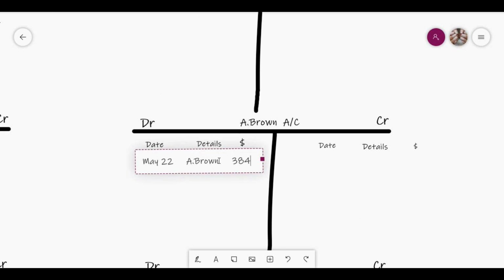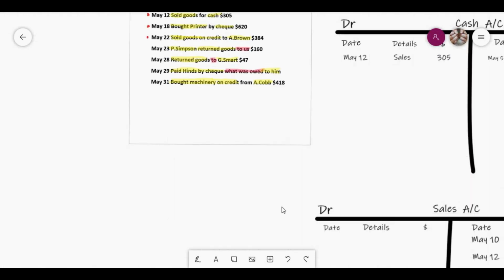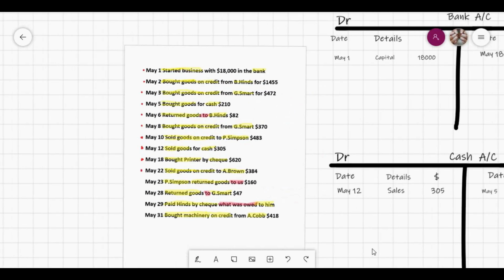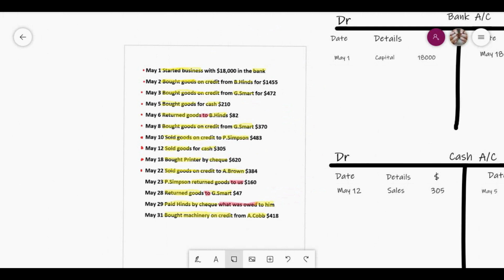On May 23rd, P. Simpson returned goods to us in the amount $160. This is going to be the return inwards account because P. Simpson is returning goods that we sold to him on May 10 back into our business.